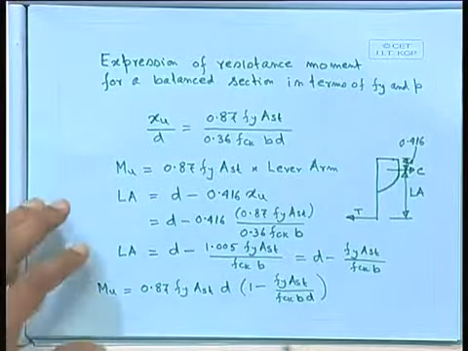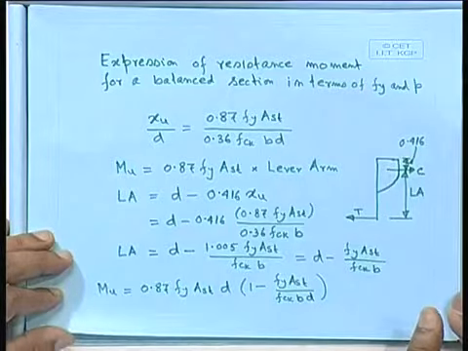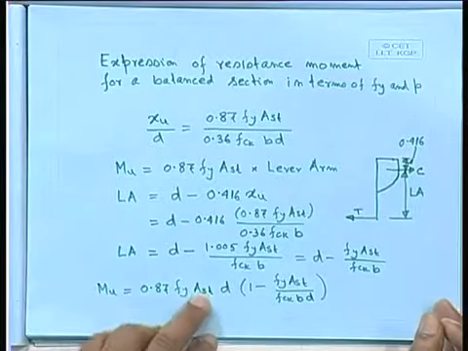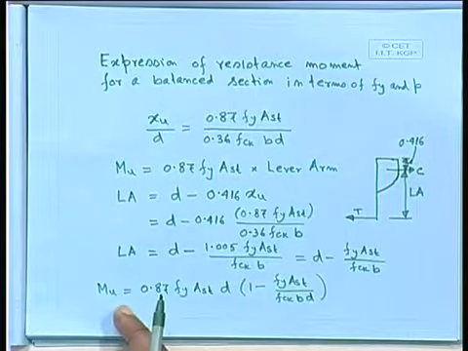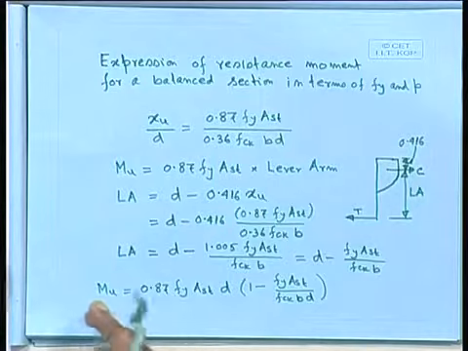Mu, that is the moment of resistance, for a section having area of steel Ast. We can get that moment of resistance from this formula.